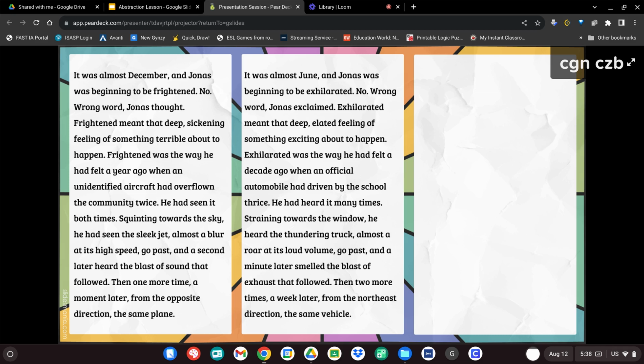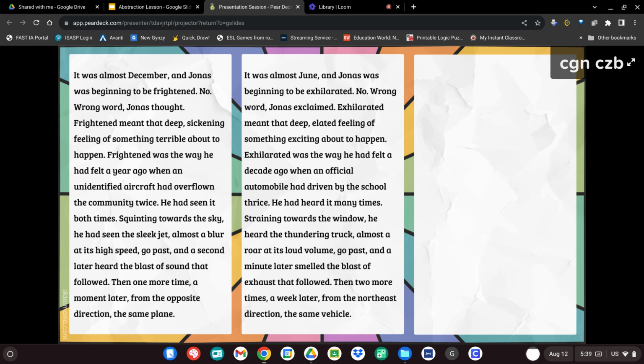Okay, now our second story. It was almost June, and Jonas was beginning to be exhilarated. No, wrong word, Jonas exclaimed. Exhilarated meant that deep, elated feeling of something exciting about to happen. Exhilarated was the way he had felt a decade ago when an official automobile had driven by the school thrice.